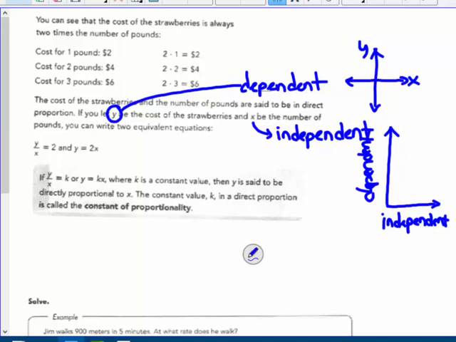So when you compare the cost of the strawberries and let x be the number of pounds, you can write 2 equivalent equations. Every time the cost divided by the pounds came out to be $2. Or to find the cost, take the pounds and multiply it by 2.